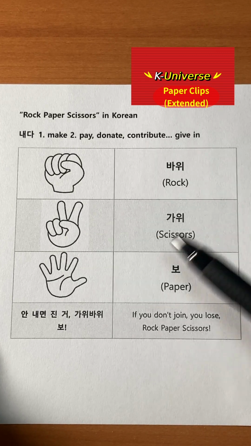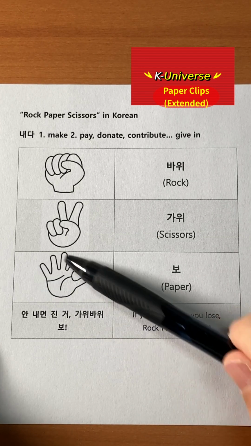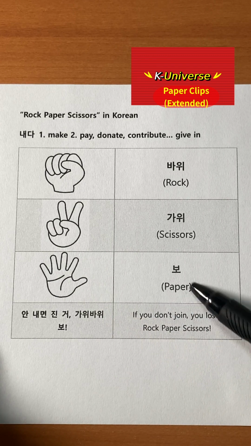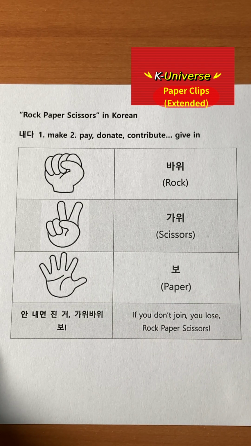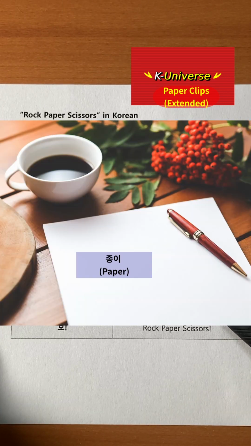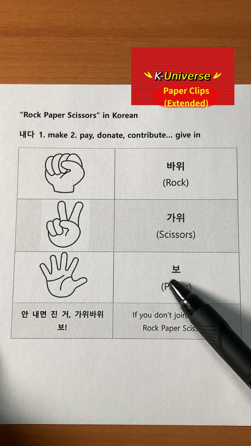Okay, and then what is this? This is paper. So what is literal paper in Korean? Do you know that? It's not 보 actually, it's 종이. 종이 is paper, like A4 paper, like an A4 sheet. So we call it 종이. So what about 보?